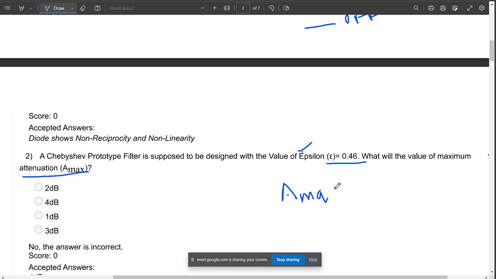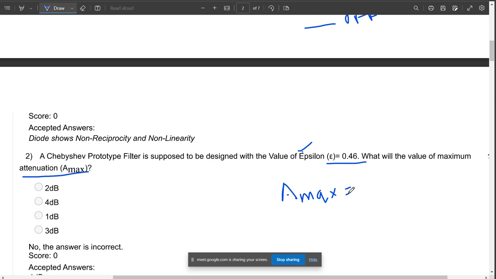You know in the lectures given by Jayanta sir in the NPTEL analog circuits, a formula is given for this type of question, and I hope that you have gone through the lectures. I want you to solve this question and tell me the answer.